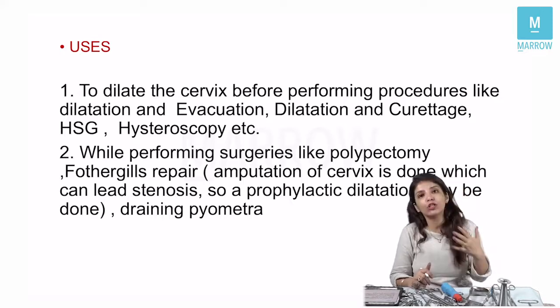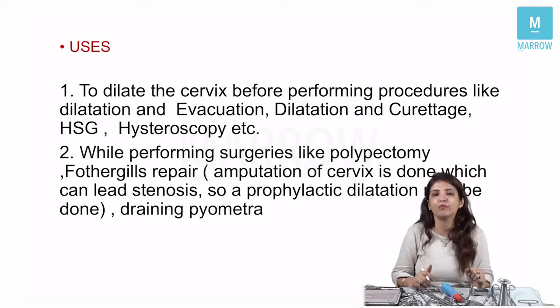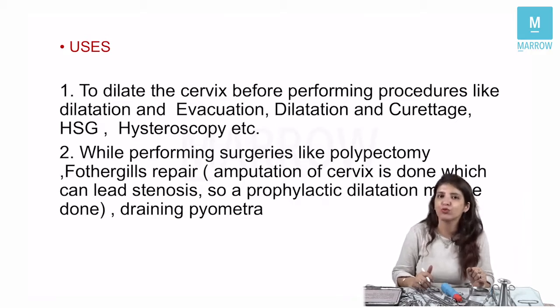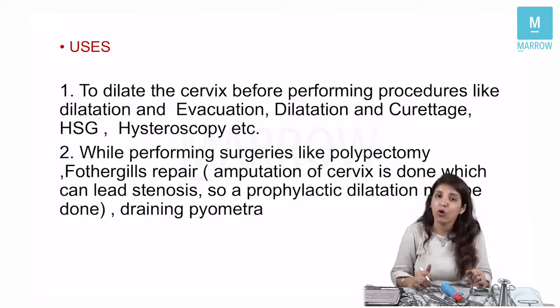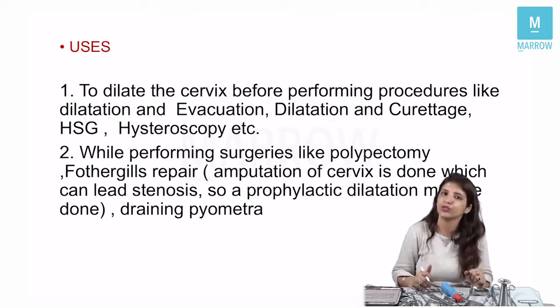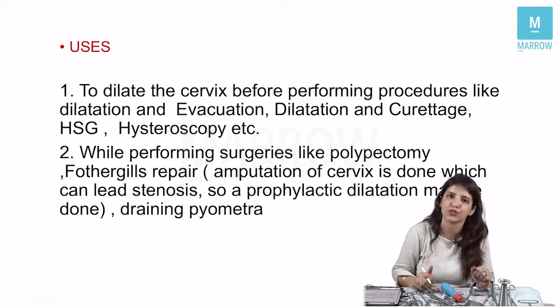Then you will also have to do a dilatation before certain surgeries like polypectomy. If you have to do a polypectomy, you will have to dilate the internal os first. Or suppose you are doing Fothergill's repair. One part of Fothergill's repair is amputation of the cervix.